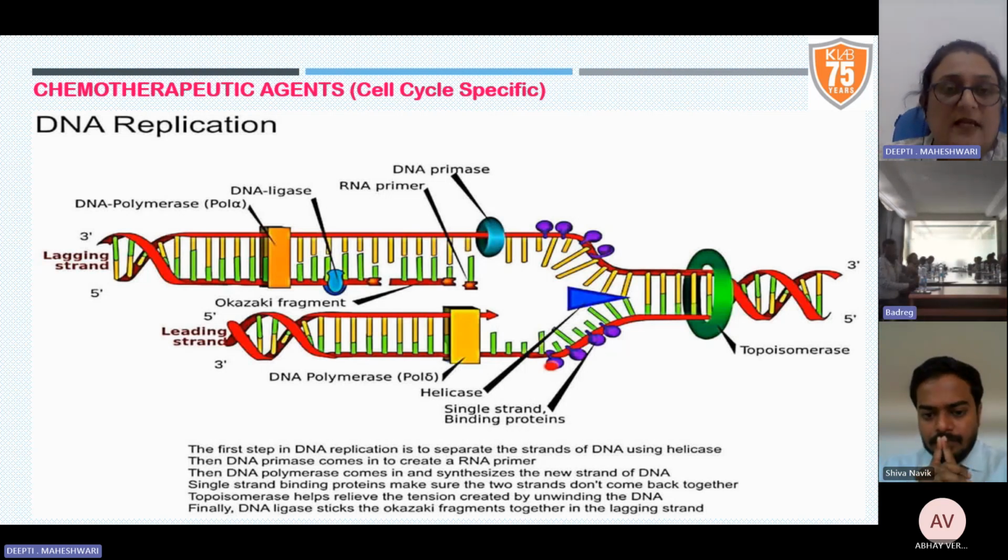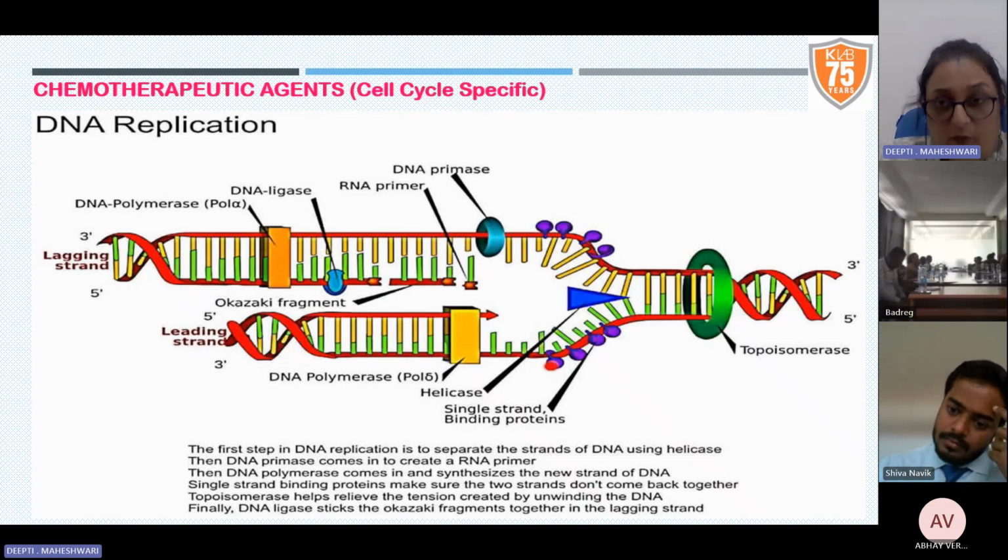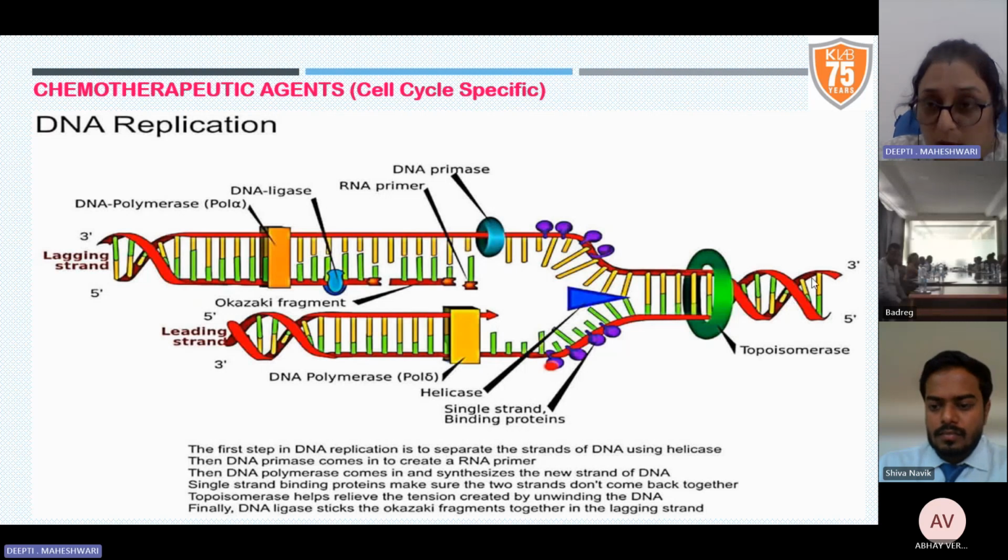There are various enzymes, various proteins which are involved. But what we have to understand is that when the DNA strand has to uncoil itself and coil itself, there are enzymes called topoisomerase. Okay, so topoisomerase enzymes help in the coiling and uncoiling of the DNA strand. So this topoisomerase enzyme manages the coiling and uncoiling of the DNA strand. How does it do this?